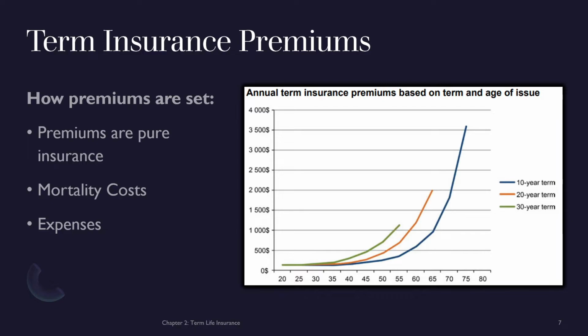For term insurance premiums, this is the amount that the policyholder has to pay the insurance company in exchange for the company's promise to pay the death benefit if the life insured dies during the term covered by the policy. There are various factors that influence the cost of the premium, and one of the main factors is the mortality cost.